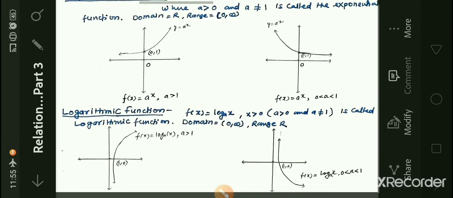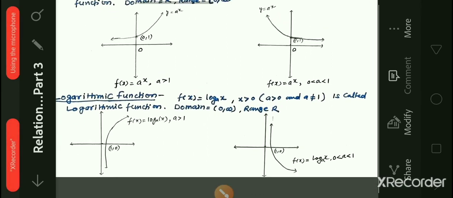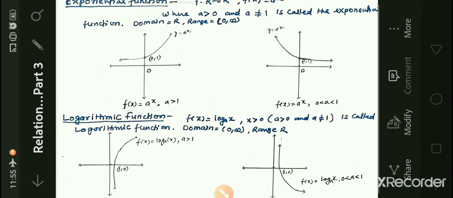Now the logarithmic function. The logarithmic function is quite the reverse, you can say, the opposite of the exponential function.